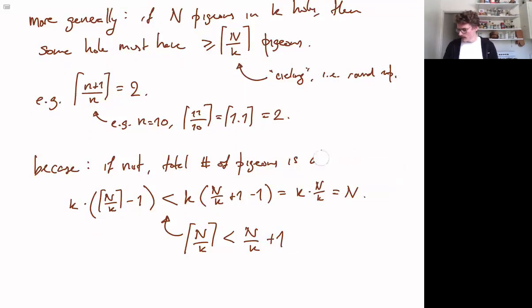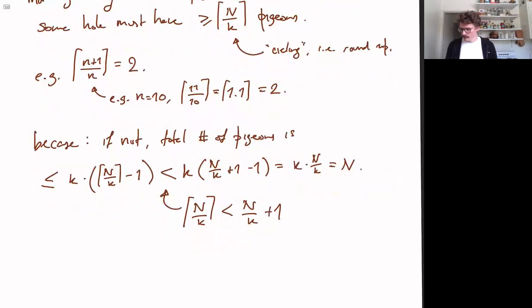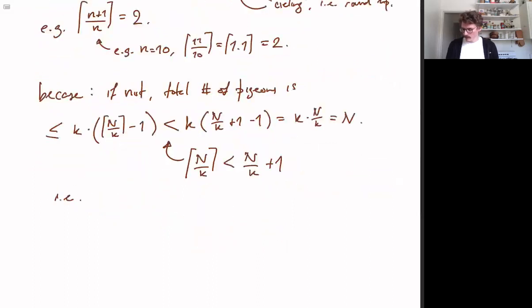So actually, let me replace that slightly misleading thing and put it over here. And just to say clearly what we've shown, the total number of pigeons is strictly less than n.